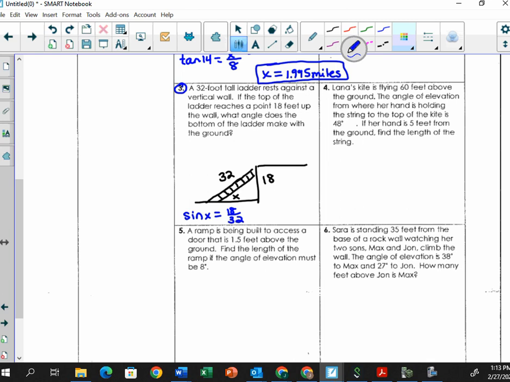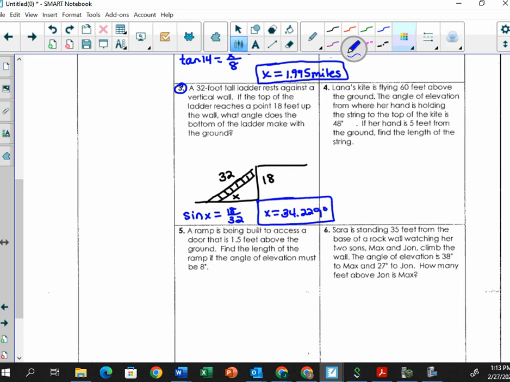Did we get 34.229 degrees? I did get that. Excellent. So look at where x is. And then the 18 and the 32, do you see how that's the opposite side and the hypotenuse side?